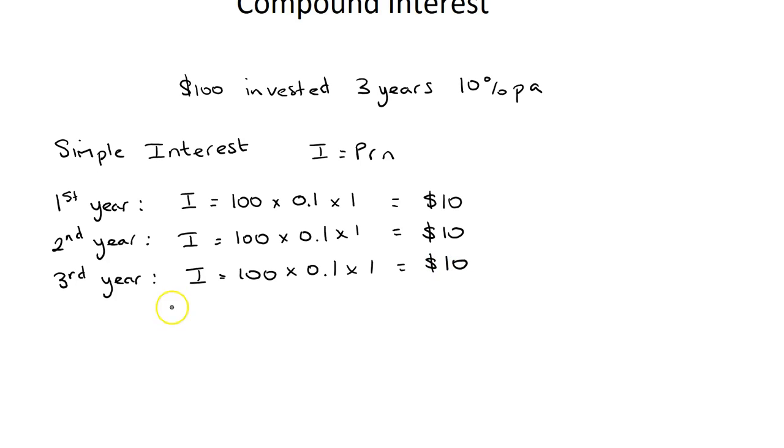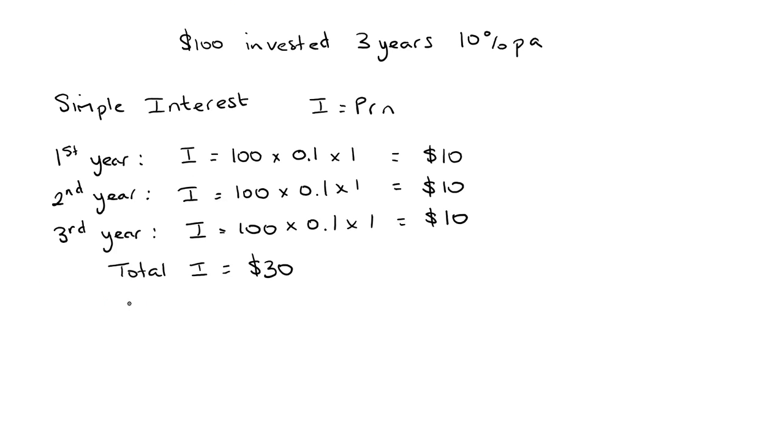So our total interest that we've earned is $30. And the total amount that we now have is our $100 that we started with and our $30 interest. So $100 plus 30, we have $130.